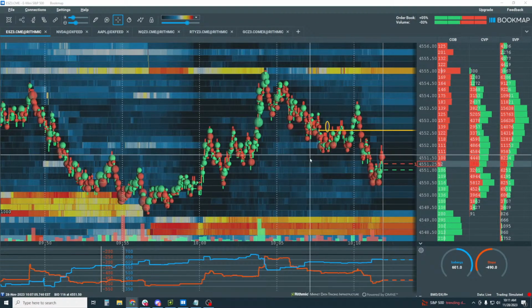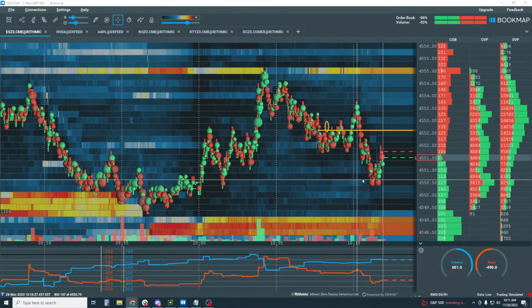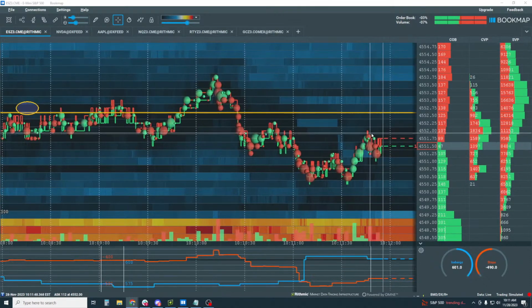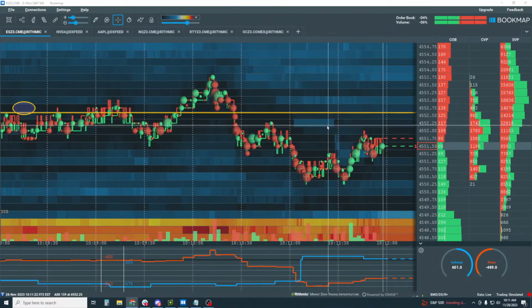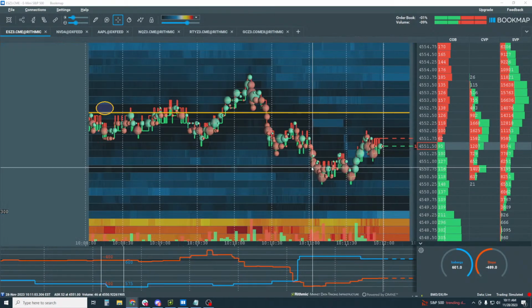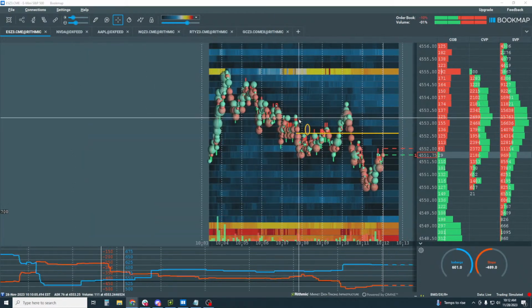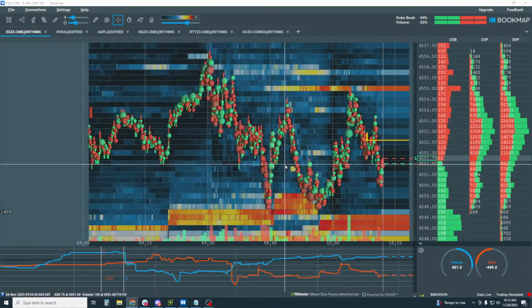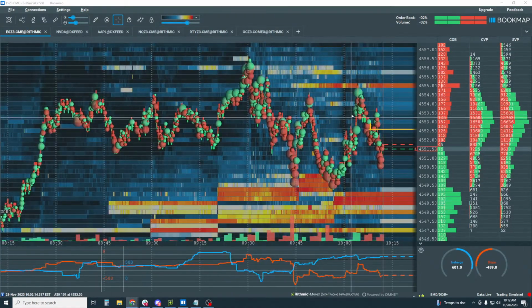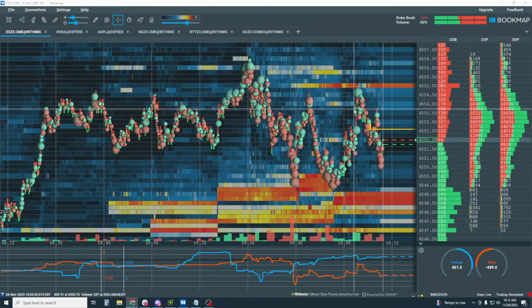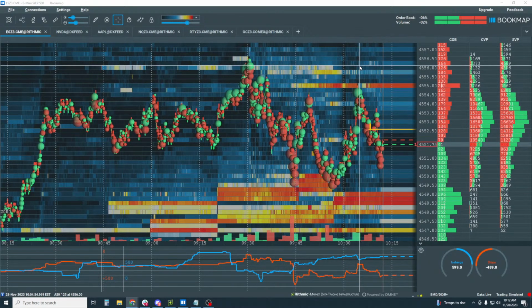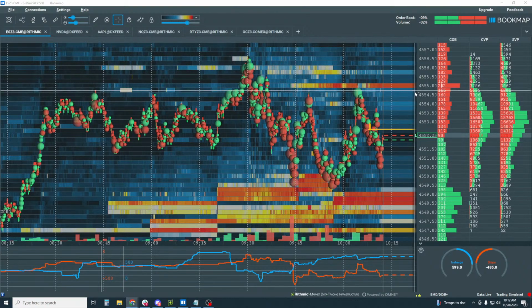Okay, so not seeing a whole lot of interest there yet, and it's really very choppy, due to this strong bid and this strong move here in the volume. We're just looking for it to come up and test the highs of the day for this cash session, and we didn't even get that.